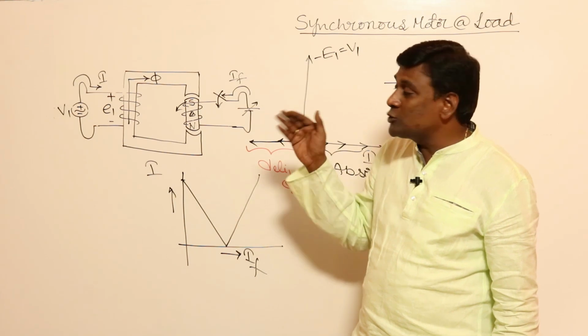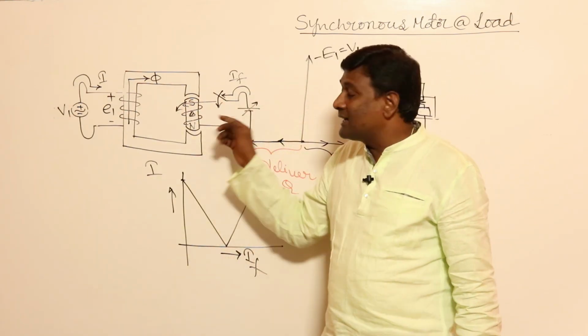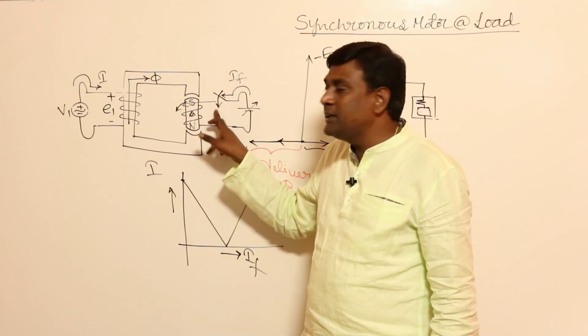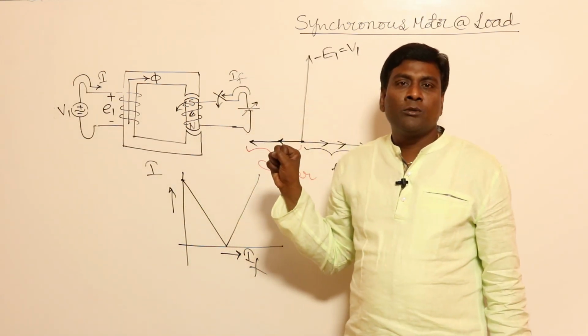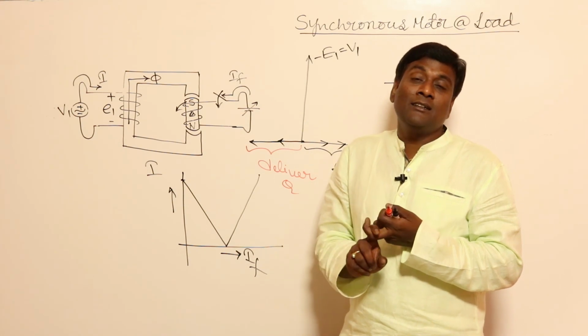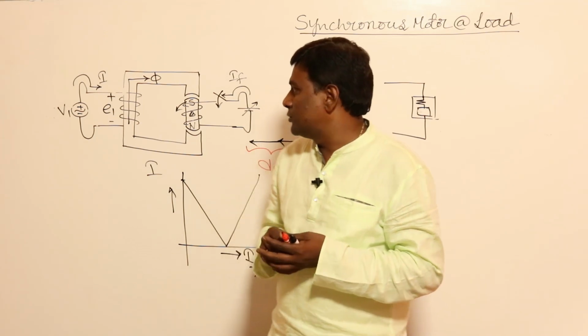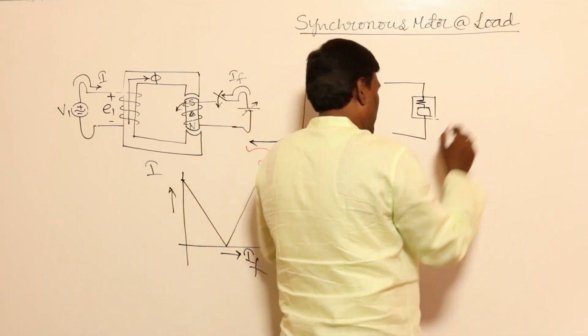The extra 20 flux lines have to be killed by the stator, so it will deliver reactive power. If it is under excited, it means that it is delivering 50 flux lines only. The remaining 50 flux lines have to be produced by the stator, so it will absorb reactive power. So under excited, absorb reactive power; over excited, deliver reactive power. So from the voltage point of view, for example, this is voltage.